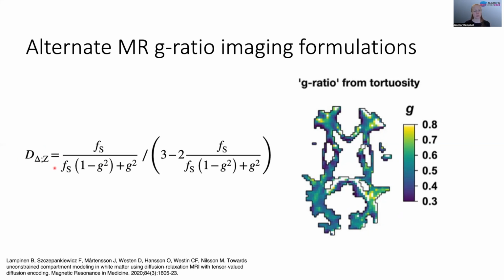And so this has been formulated by Bjorn Lampinen here. And here, this is the stick fraction, which I've been calling the intra-neurite volume fraction. It is the anisotropically restricted fraction where he has corrected for relaxation. And so he can compute the G ratio directly from diffusion data alone.